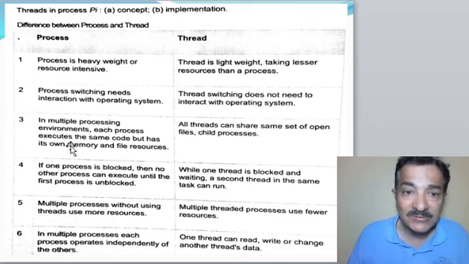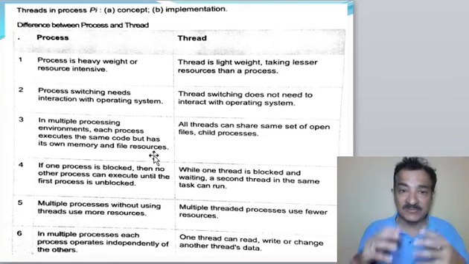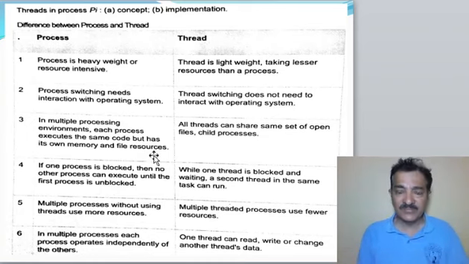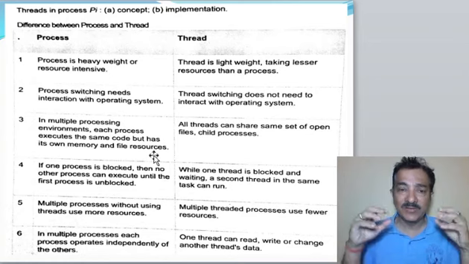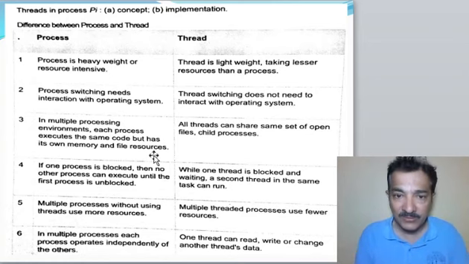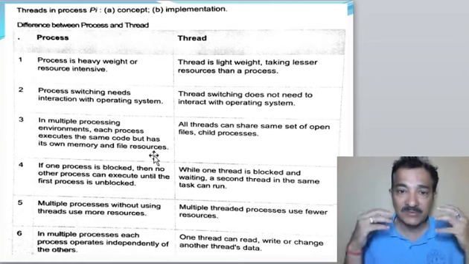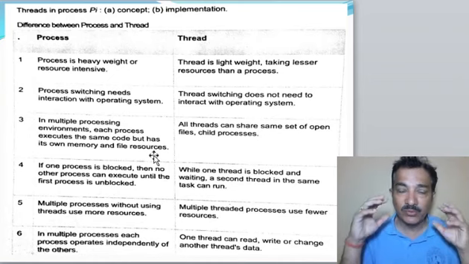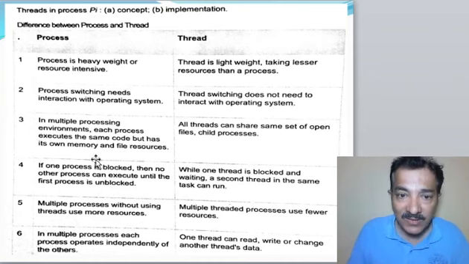In a multiprocessing environment, each process executes the same code but has its own memory and file resources. If you have a notepad, you could run the same notepad four times, or you could run your own program four times.